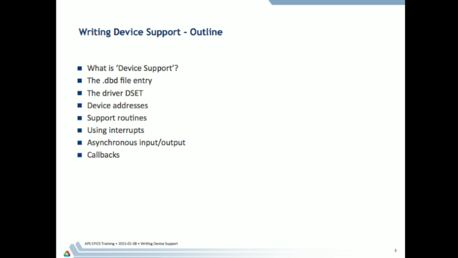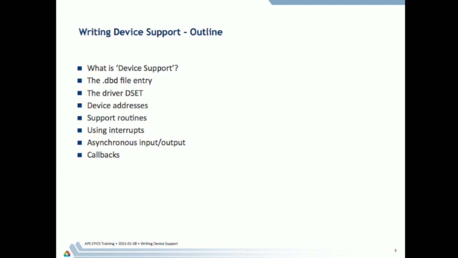Even asyn drivers. So in outline, then, I'm going to be covering what actually is device support, and how it connects to the IOC, which is the DBD file entry and the device support entry table.